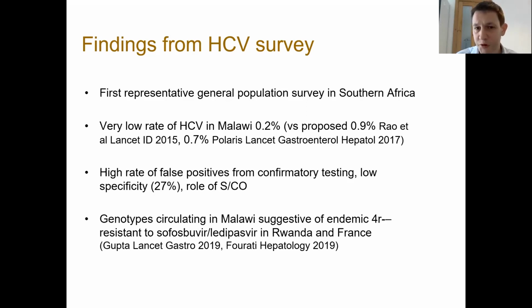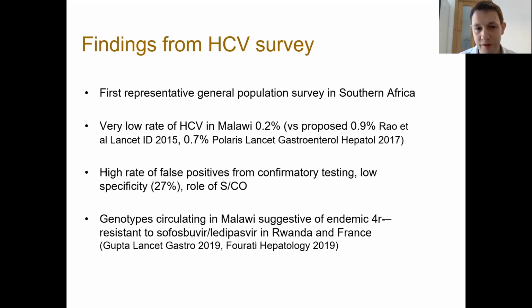There was a high rate of false positives when we talk in terms of confirming antigen antibody tests with PCR, showing an overall low specificity of the ELISA antibody antigen tests, and perhaps the role of using the sample to cutoff to identify those that are more likely to be true positives.